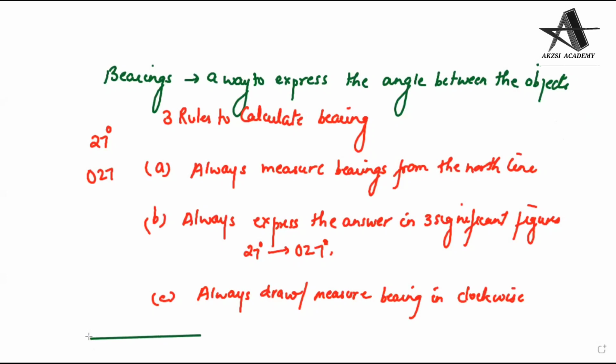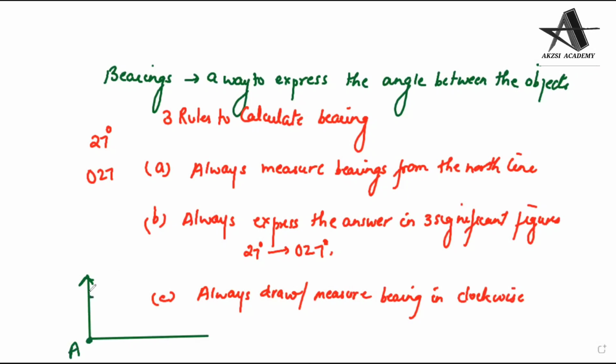So the first thing is you have to draw a north line. I'm just clearing these points as of now. The first point is always measure bearing from the north line, so you have to draw a north line at that point. Suppose it's A. Now you have to draw in the clockwise direction.